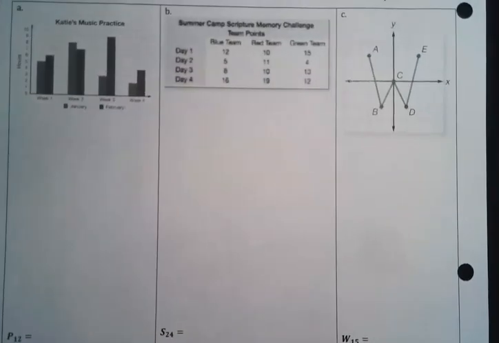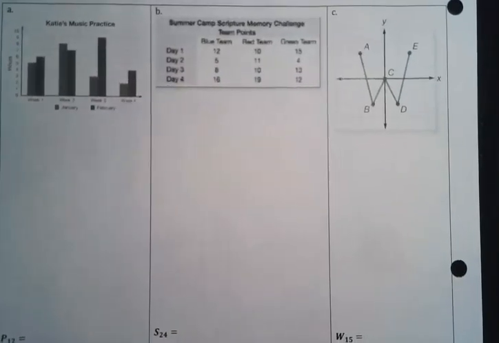All right, let's look at B. How are we going to put this chart, this spreadsheet, into a matrix? Okay, so we've got summer camp, scripture memory challenge. We've got our team points. We've got the blue team, the red team, the green team. Really it's super simple to just transfer this information into a matrix.